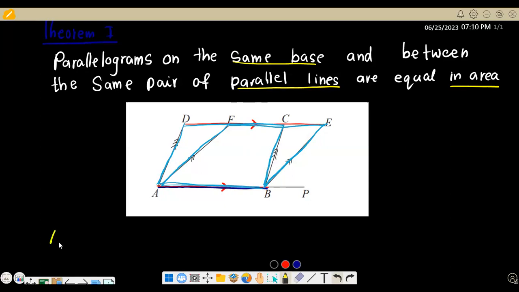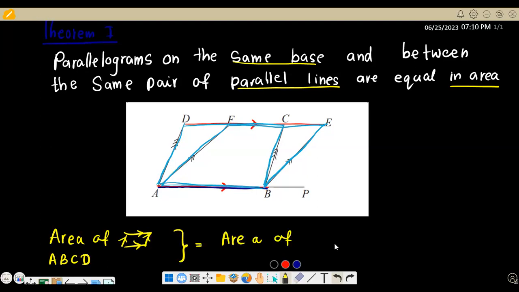Therefore, what you can say about the area of parallelogram ABCD? Area of parallelogram ABCD is equal to the area of parallelogram ABEF.